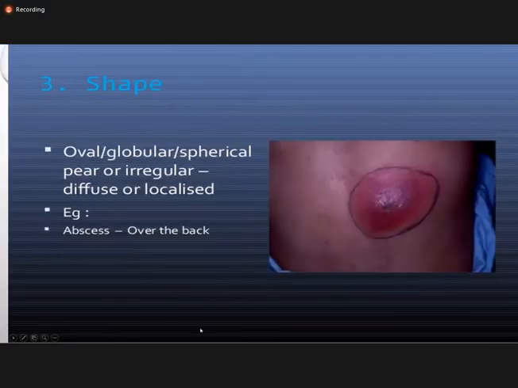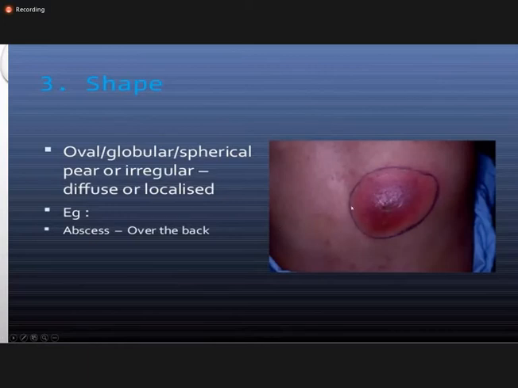Okay, after the size, we will assess the shape. How will you tell the shape? As I have told you, this is not correct. It should not be spherical. These are the plain terminology.